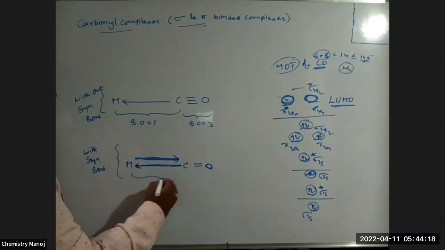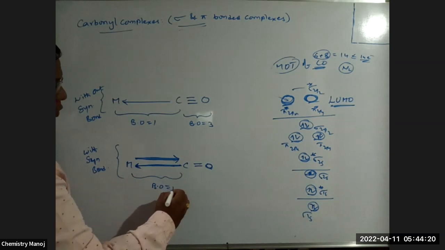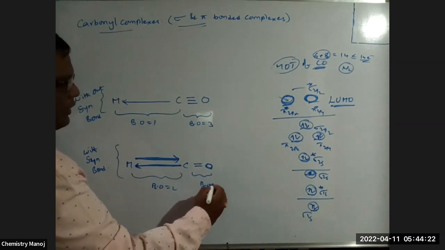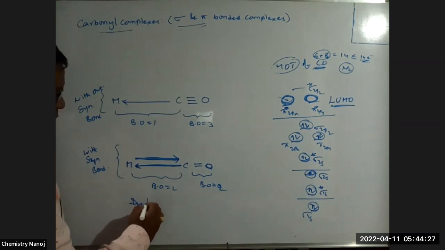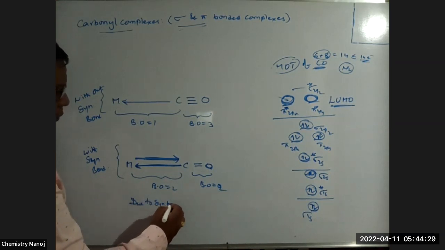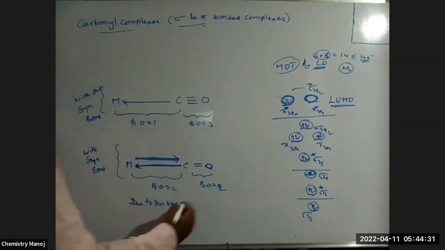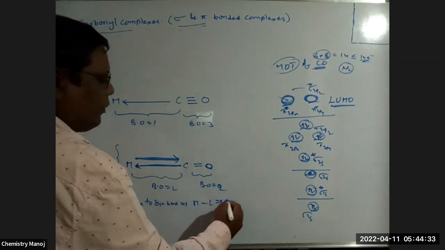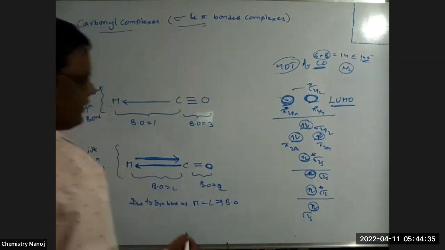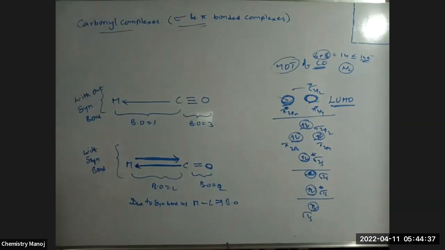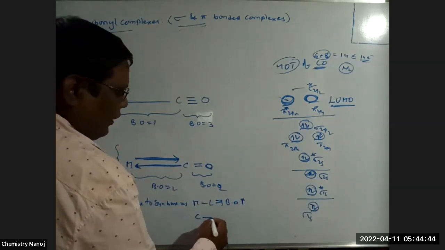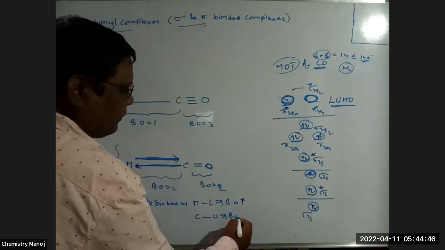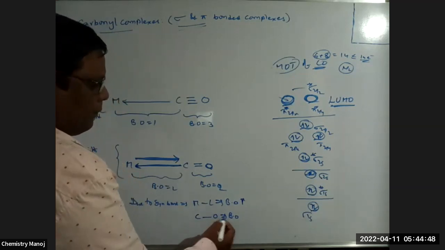So here bond order is equal to 2, and here also bond order is equal to 2, due to synergic bonds. Metal-ligand bond order, what is happening, increased or decreased? Increases, sir. Carbon-oxygen bond order decreases.